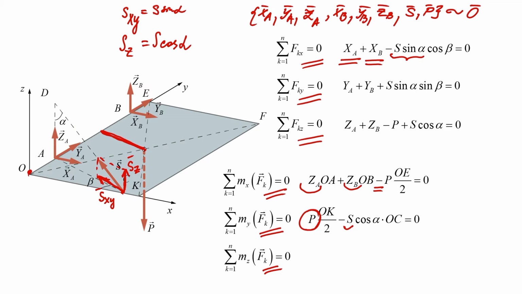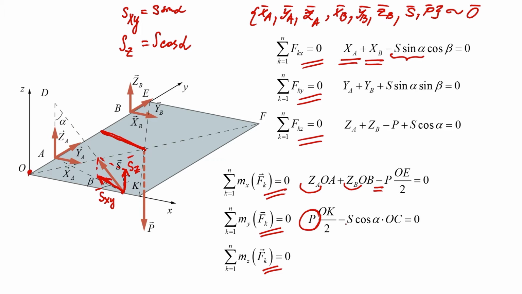The moment of the force S is determined as the moment of the two components SZ and SXY. Because the component SXY crosses the axis Y, its moment with respect to this axis is equal to 0.